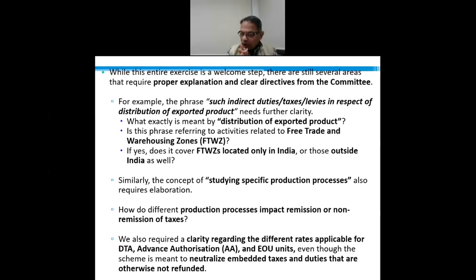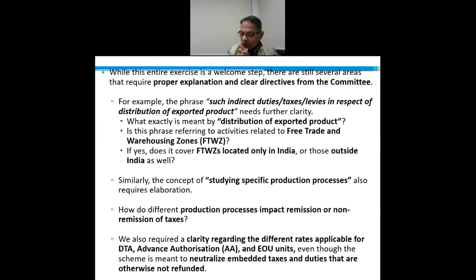But actual exports for consumption abroad takes place when goods practically leave from the free trade warehousing zone and go to another country, crosses the country's border. If that is the situation, are you saying if there are any taxes applicable during that period, that will also be considered for the purpose of RoDTEP?